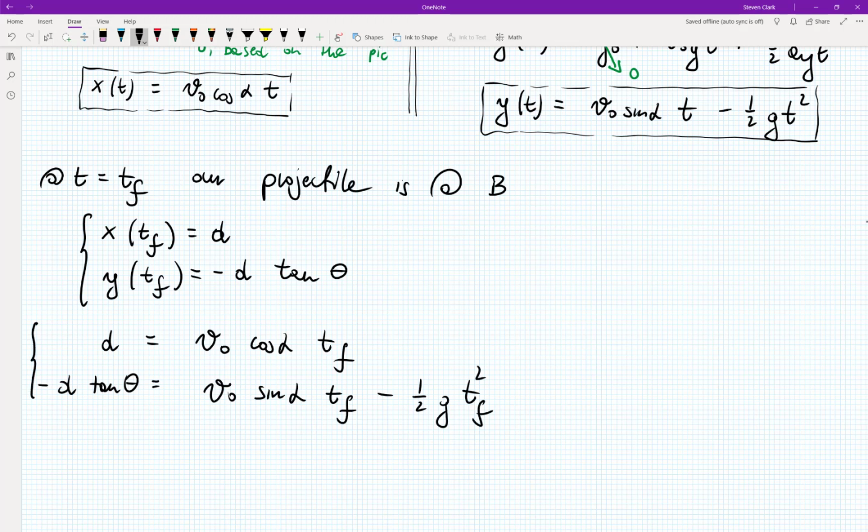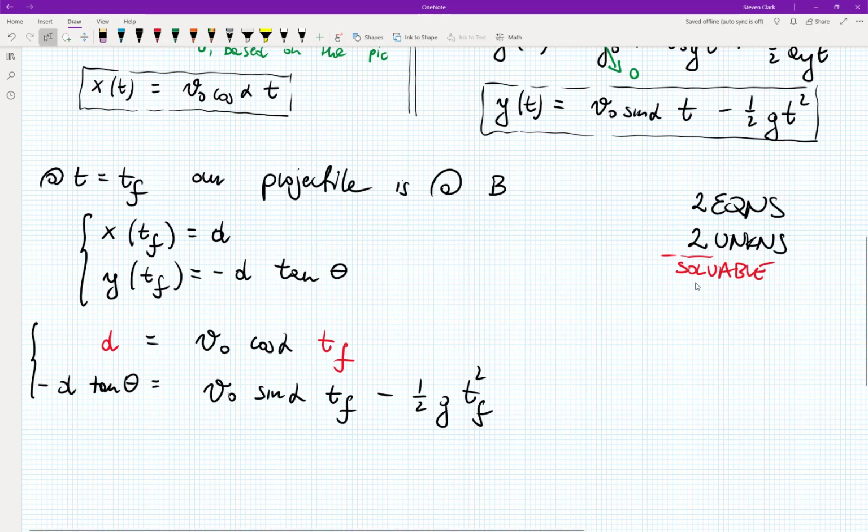Cool. I think we ended up with two equations and two unknowns. Because our unknowns are d and t final. So this is solvable.